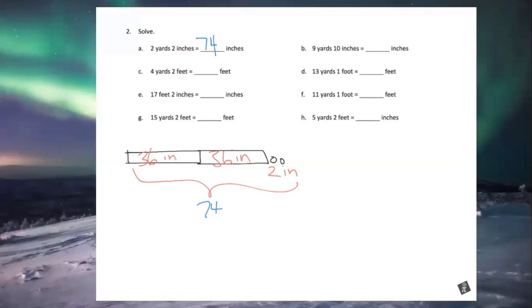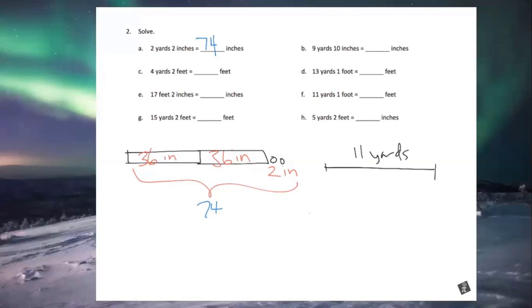Let's do this one, F. So 11 yards, 1 foot, and we want to convert it into feet. So we have 11 yards. I'm not going to draw it, but we've got 11 yards right here. And if we want to know how many feet that is, we're going to multiply by 3.